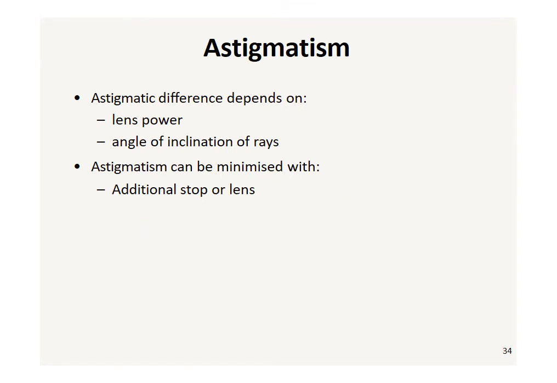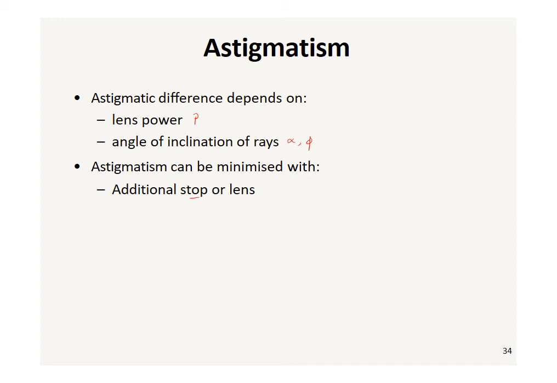The amount of astigmatism in a lens is a function of lens power and the angle of inclination of the rays, alpha or phi, whichever symbol you prefer. You can use a diaphragm or a stop to limit the size of the bundle of rays going through the lens.